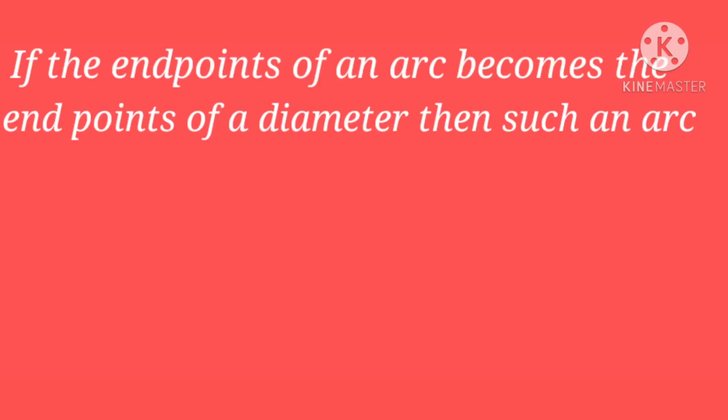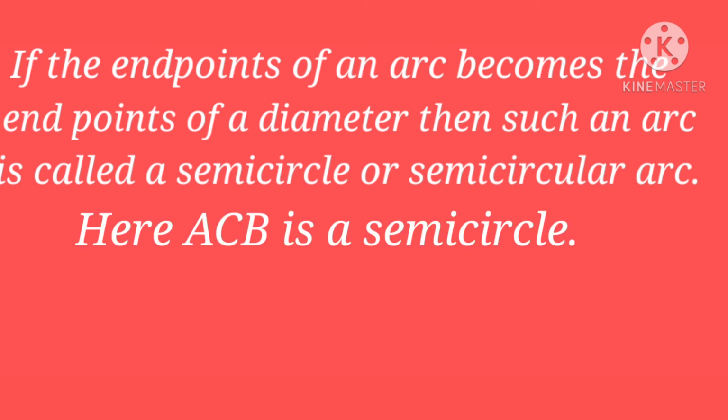Students, here is the definition of a semicircle: if the end points of an arc become the end points of a diameter, then such an arc is called a semicircle or semicircular arc. Here ACB is a semicircle. All of you copy this definition.